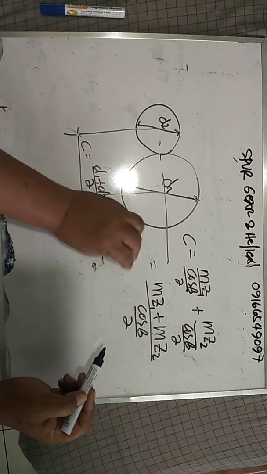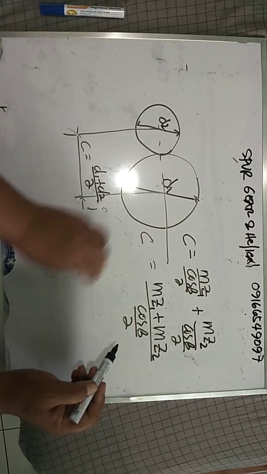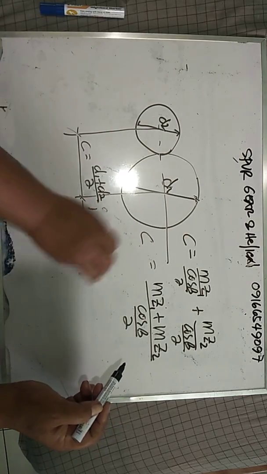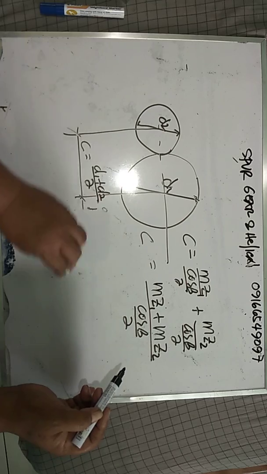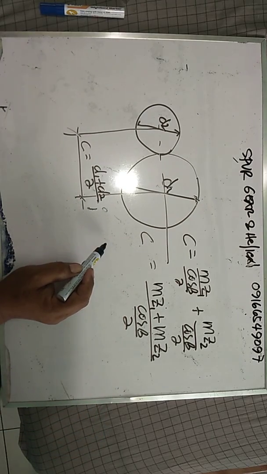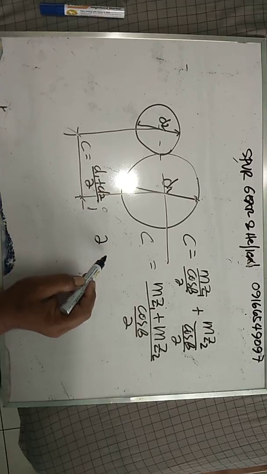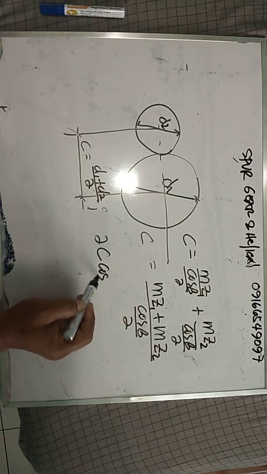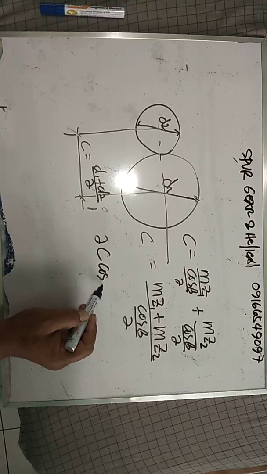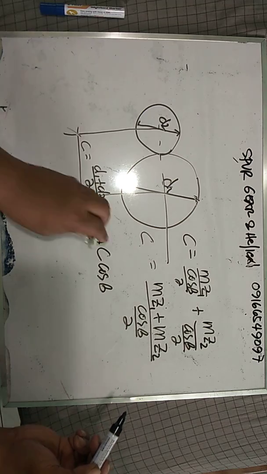Or transposing this one, we get 2 times the center distance times cosine beta.